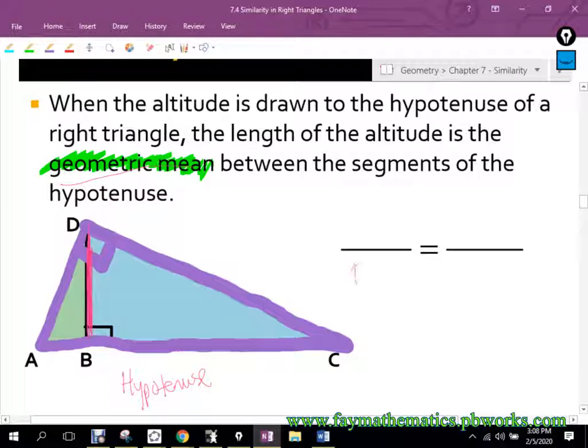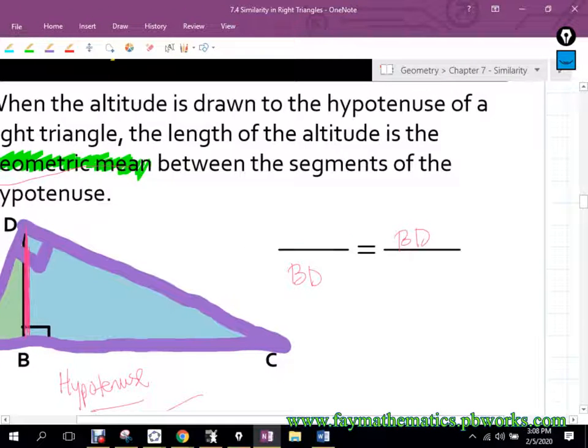Well, that means that whatever that distance is, it's going to go there in those proportions. Does that make sense? It's the geometric mean. Now it says it's the geometric mean between the segments of the hypotenuse. Again, the segments of the hypotenuse is this bottom one.